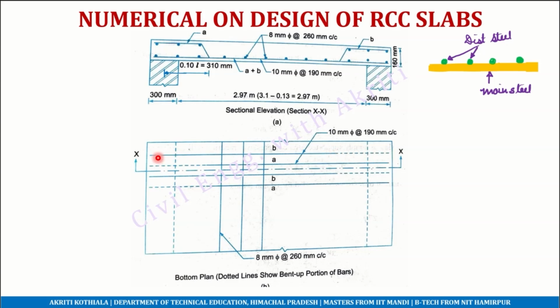So keep in mind, if a bar is being bent up from one end, it will not be bent up from the other end. So here we are bending up the alternate bar. The second bar is bent up from here and it will remain as a solid bar on this side. So this is the practice which is being followed in the particular question, and this is the basic detailing. The depth of the slab is 160 mm.